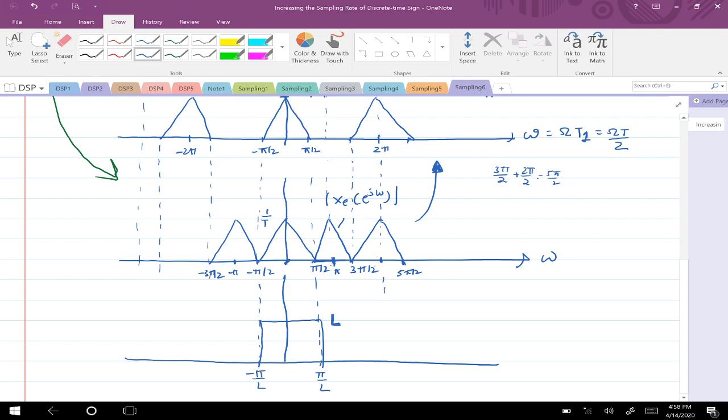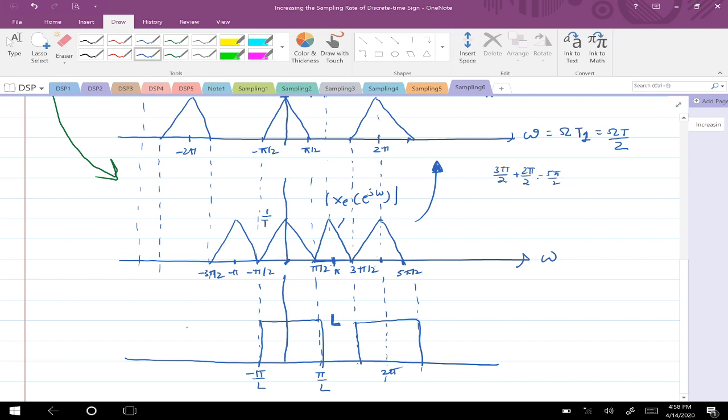And of course the same thing should happen at multiples of 2 pi, because this is a discrete time signal, which is periodic. So here again, you just pick one copy from within 0 to 2 pi. So this is 2 pi minus pi by L, and so on.